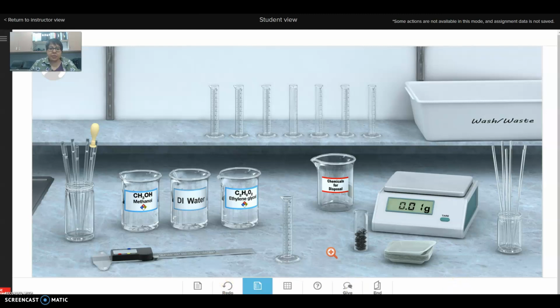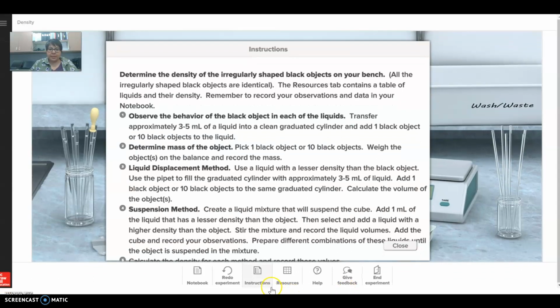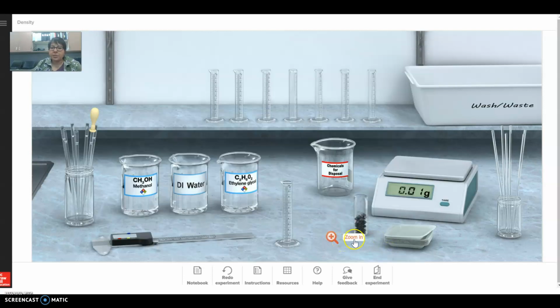The instructions are down here at the bottom in the instruction panel, and you'll follow them just as they're written. Here is your digital balance. In front of the balance are some weigh boats.